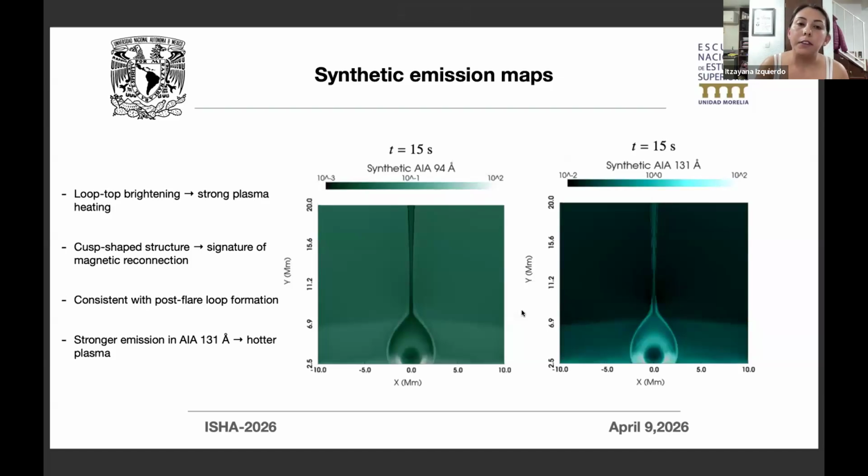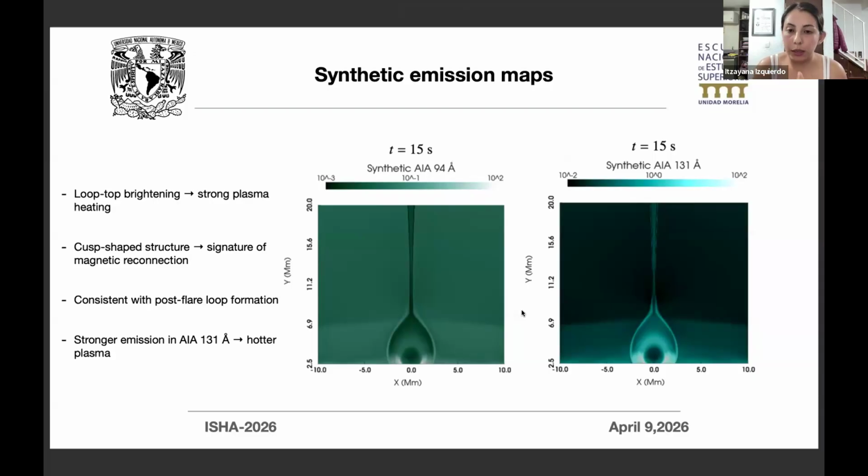And finally, we compute synthetic emission maps for case number 8, where the dissipative processes are included. These maps correspond to the 15th second of evolution.